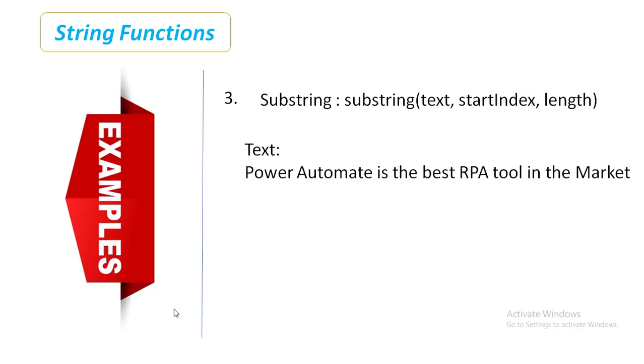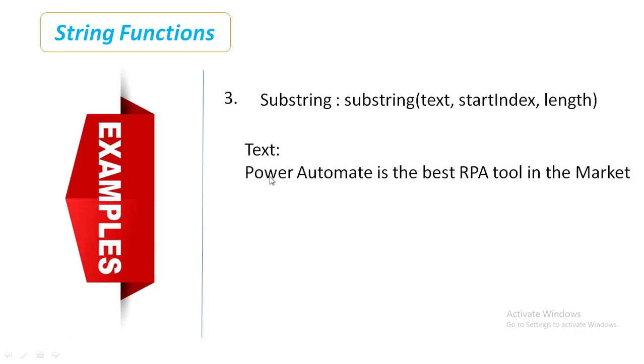If I use substring over here, I give this text as an input, and after that the start index. Start index is nothing but from which index it will start, and then the length you want to get. Let's assume if I want to get Power over here, then I'm going to give the index as 0, 1, and then I'm going to give the length as 5 to get the output as Power.